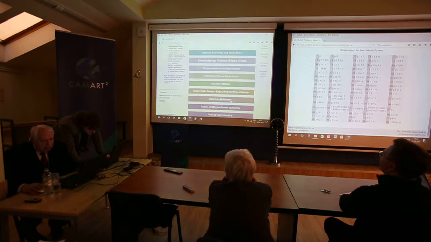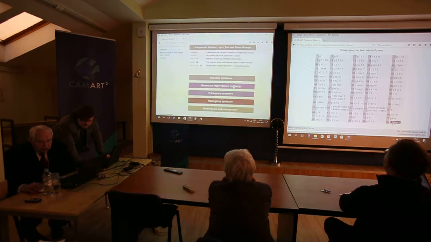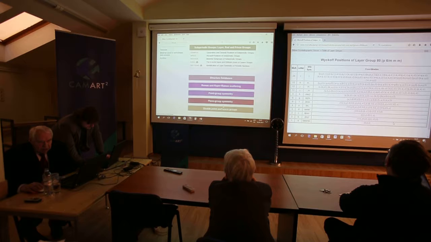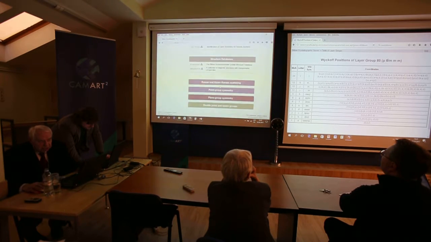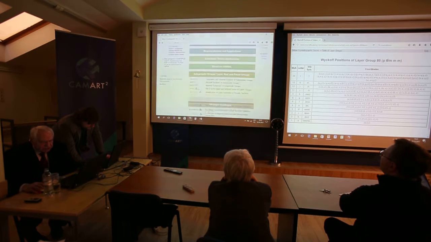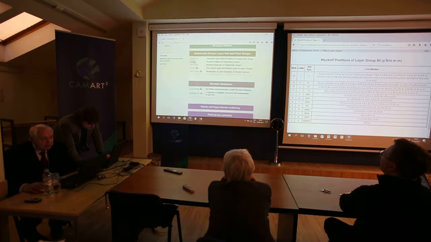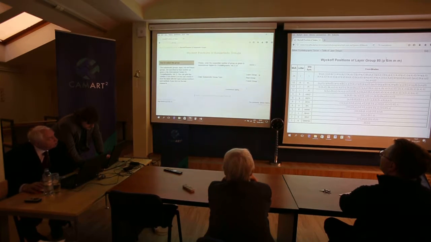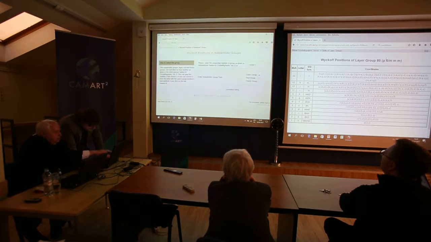And for example, let's show a layer group. What I would like to show you is that Wyckoff positions appear with three coordinates. Subperiodic, choose it.